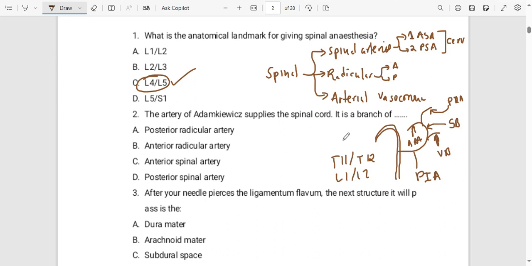So now that we have said that, the artery of Adamkiewicz is a branch of what? Posterior radicular, anterior radicular, anterior spinal, or posterior spinal? Okay, now pick an answer.